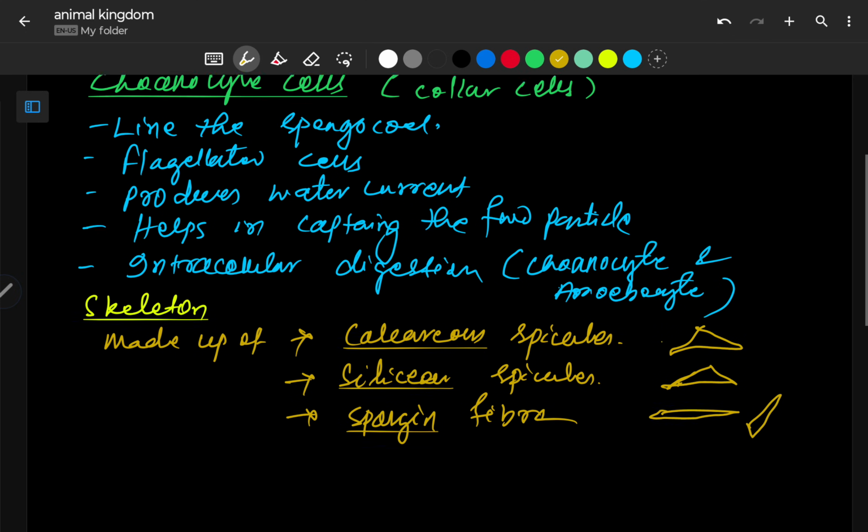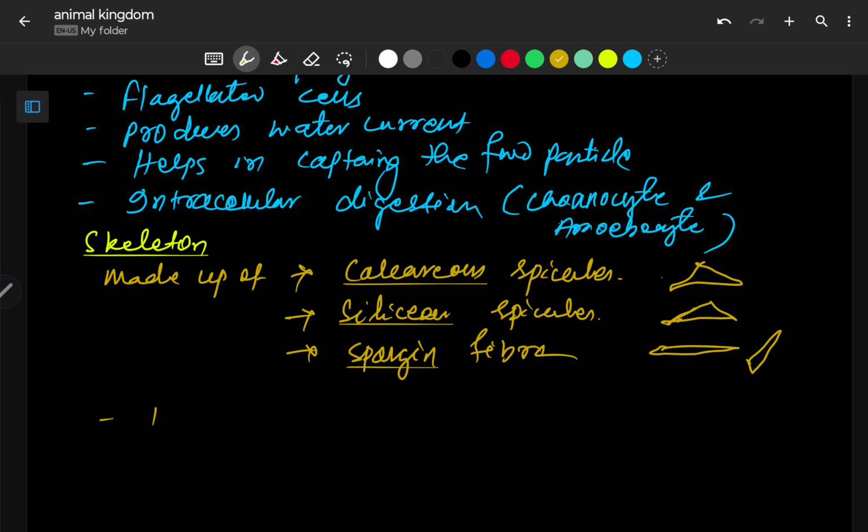And what is their function? They provide support and protection. हमारे स्केलेटल सिस्टम का काम जो है वही काम वो करता है, but because it is present on the surface of the body, so it provides protection also.